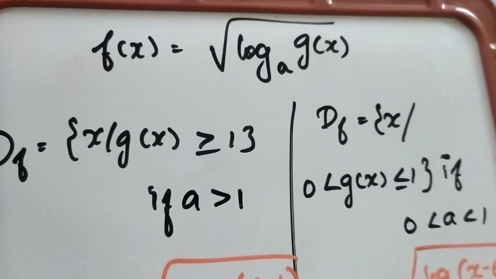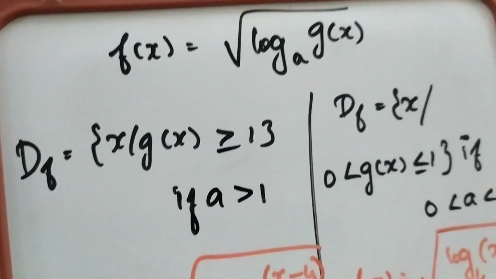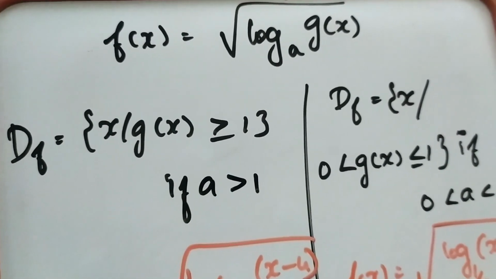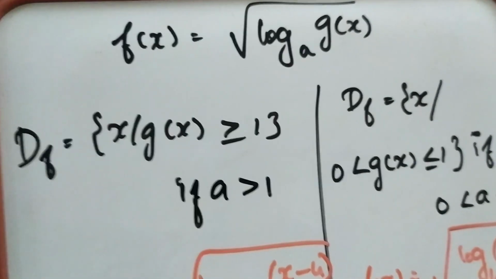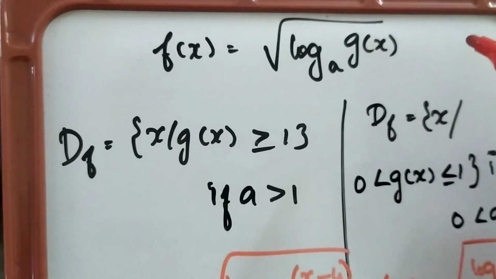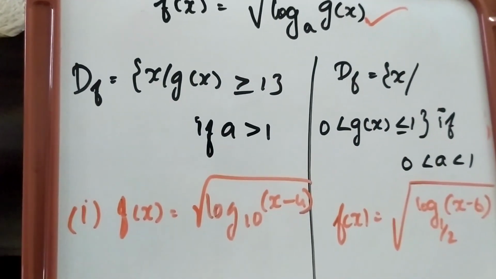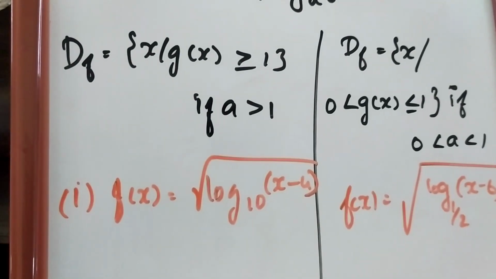Finally, we are going to see one thing. Suppose the value of f of x is root of log of g of x base a. If you are taking an f of x in this form, it means we have two types of domain finding.